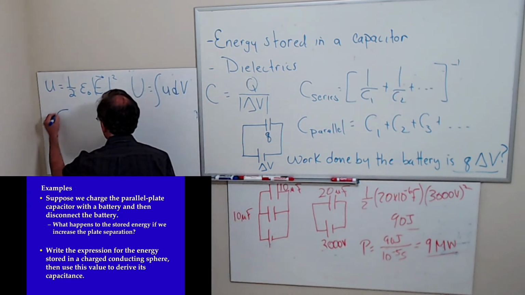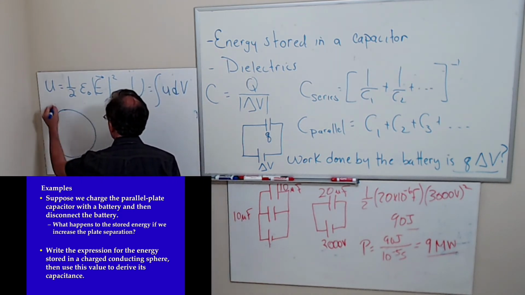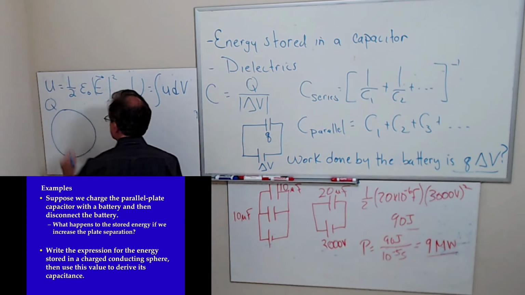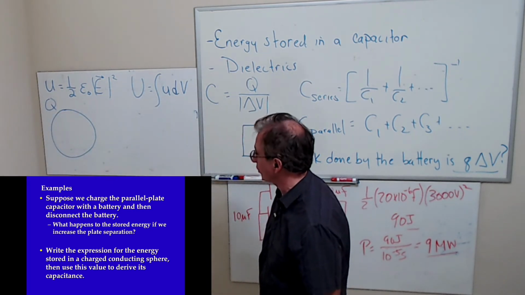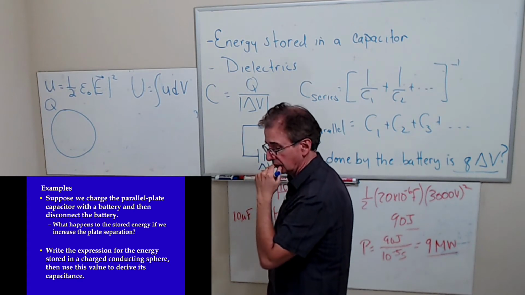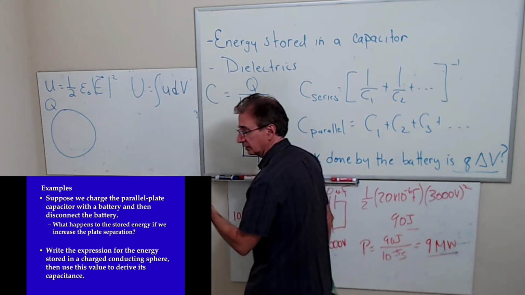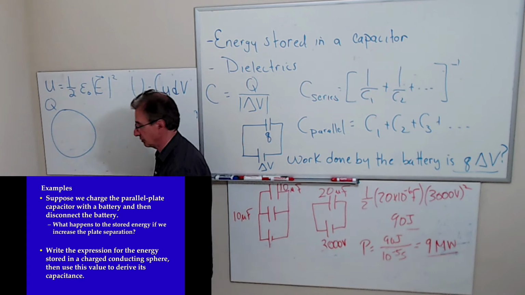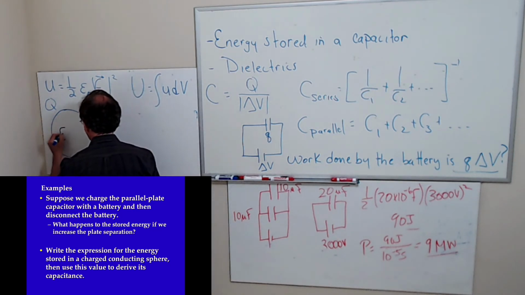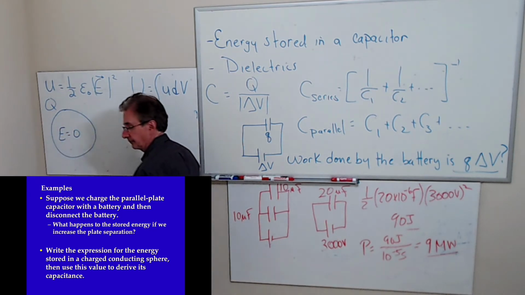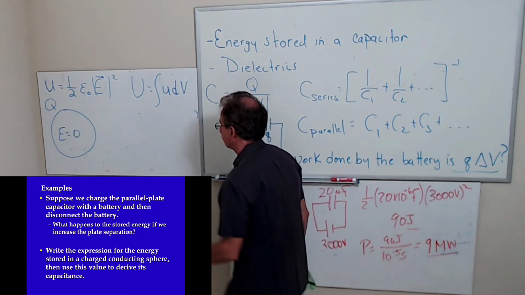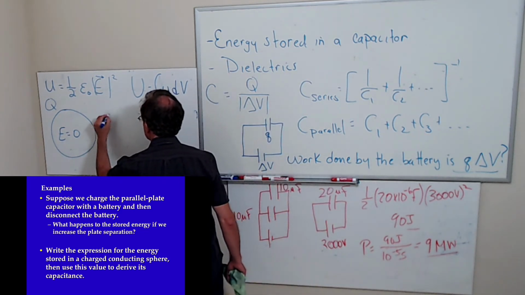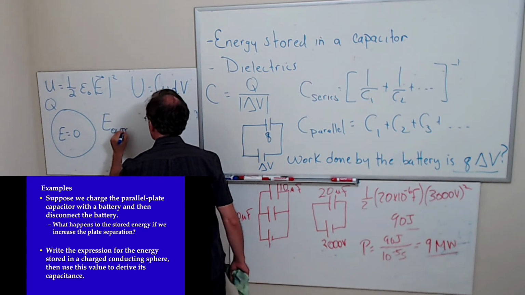If I have a conducting sphere, charged to some total charge Q, some arbitrary number Q, the electric field inside is 0. What's E outside the sphere? kQ over r squared. Yeah, E outside is kQ over r squared.